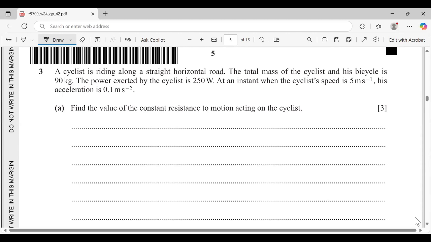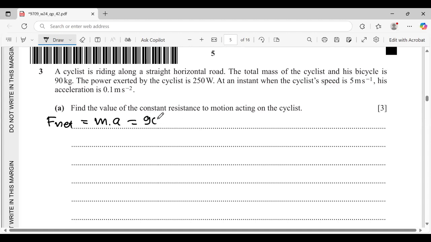To find the constant resistance to motion, we can use the relationship between power, force, and velocity along with Newton's second law. So the net force accelerating the cyclist, net force equals m times a.